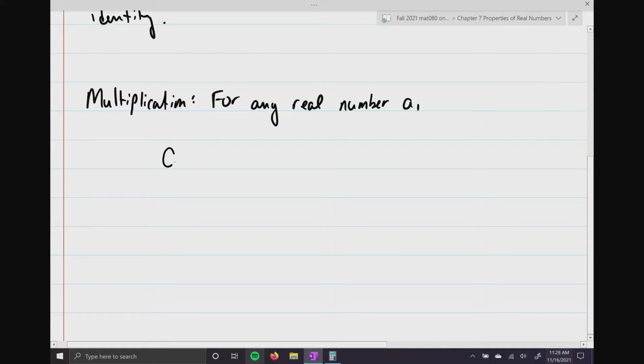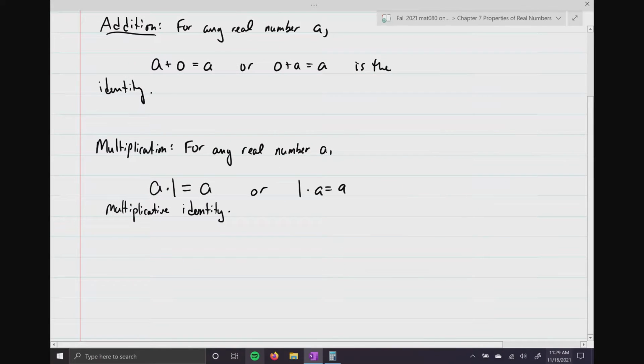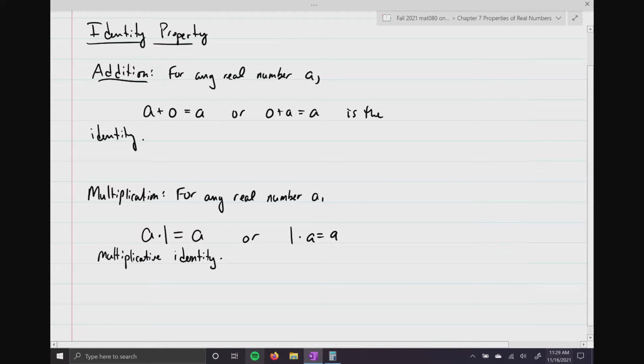So we multiply by 1. So A times 1 equals A, or 1 times A equals A, is called the multiplicative identity. So remember, I'll zoom out here a little bit. For addition, you're adding 0. For multiplication, you're multiplying by 1.